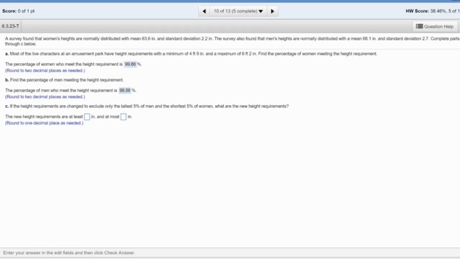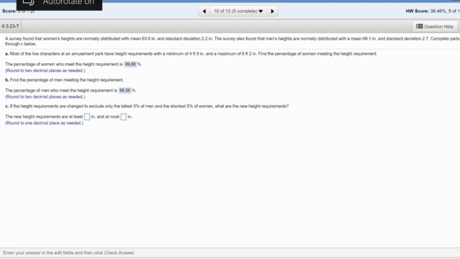If the height requirement is changed to exclude only the tallest 5% of men and the shortest 5% of women, what are the new height requirements? This is a tricky question.